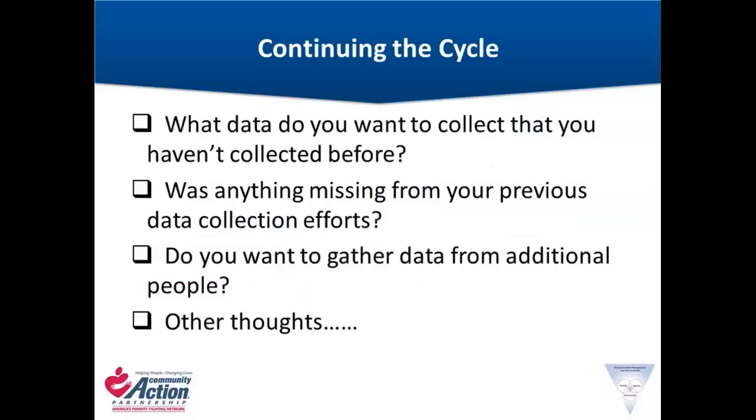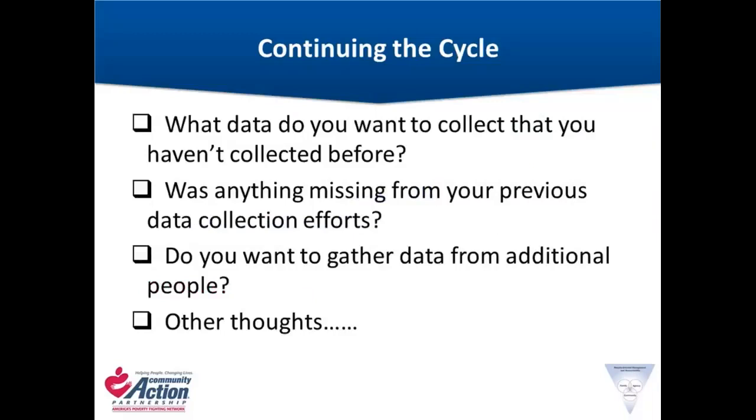Here are some questions that you might ask yourself. What other data do you need to collect that you haven't collected before? Maybe you haven't asked about whether individuals are veterans or not, and now you know that that's an important piece of data that you want to ask about.